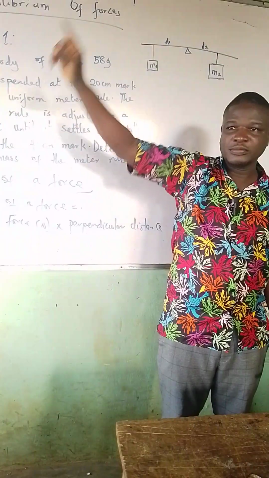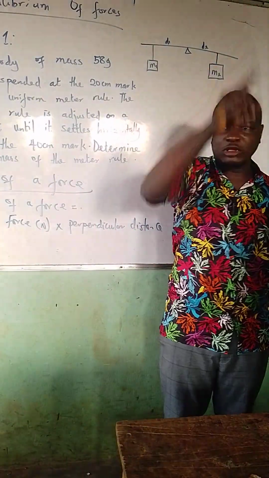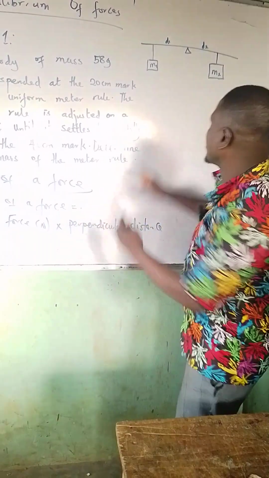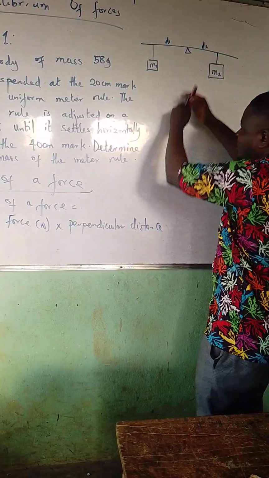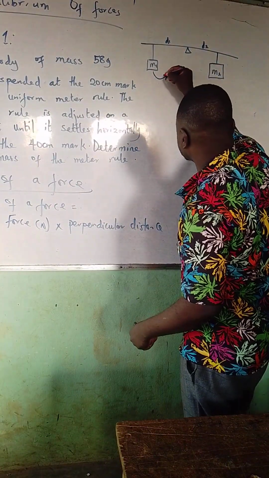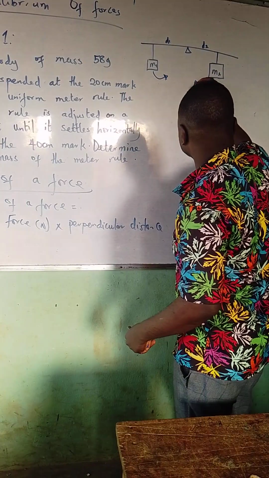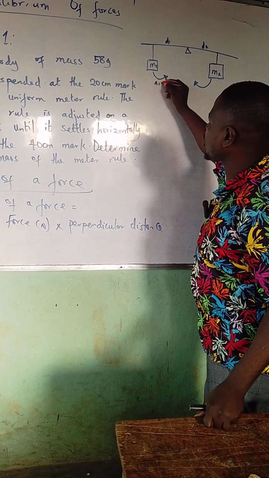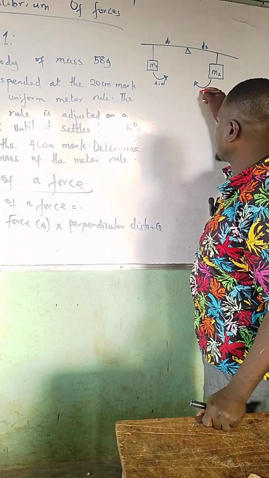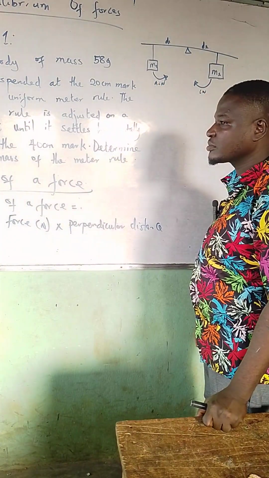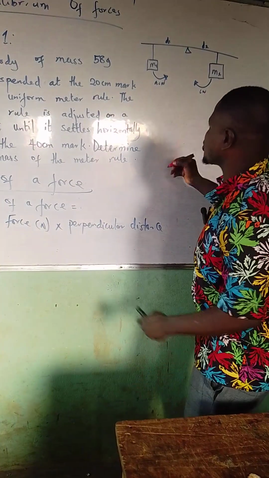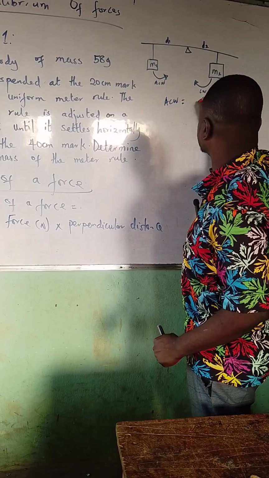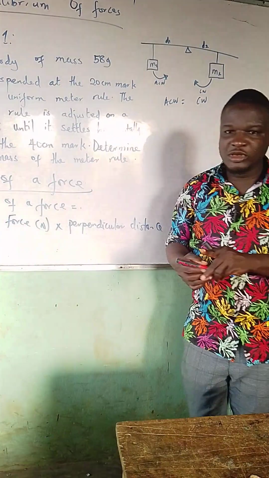The clock moves like this, while anticlockwise is like this. So you take the moment about the pivot. This is the pivot here. So this one is anticlockwise, while this one is clockwise. So we say the sum of the anticlockwise must be equal to the clockwise for something to be balanced like this.